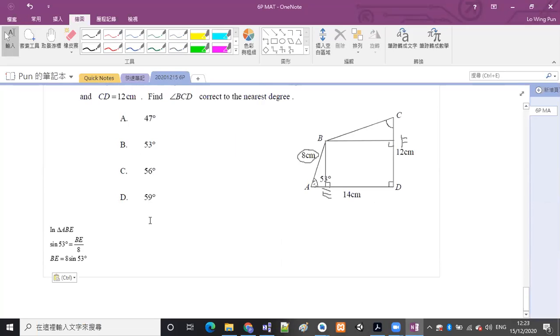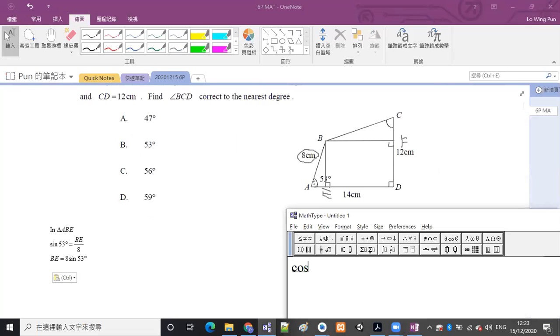And cosine 53 degrees is equal to AE over 8. So AE is equal to 8 times cosine 53 degrees.